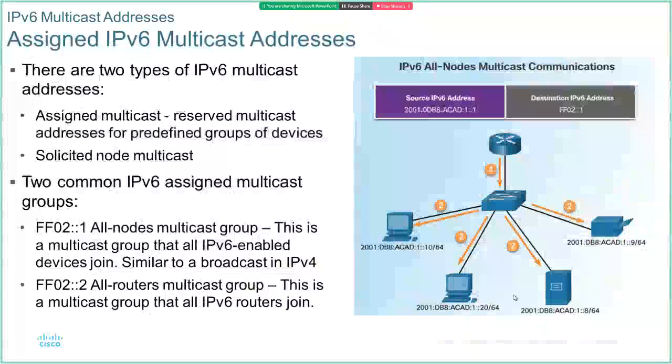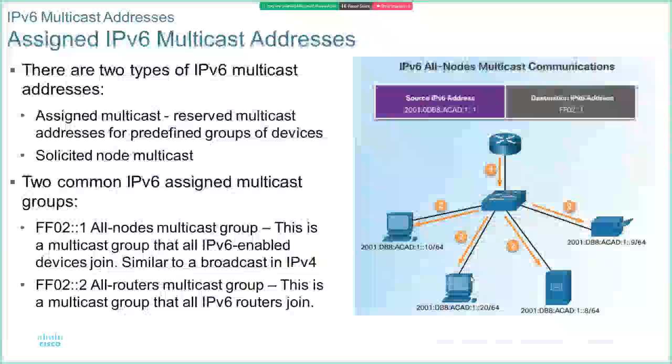Alright, multicast addresses work the same as in IPv4. So they have the FF02 address space for the multicast, and we have all nodes FF02::1 and all routers FF02::2.